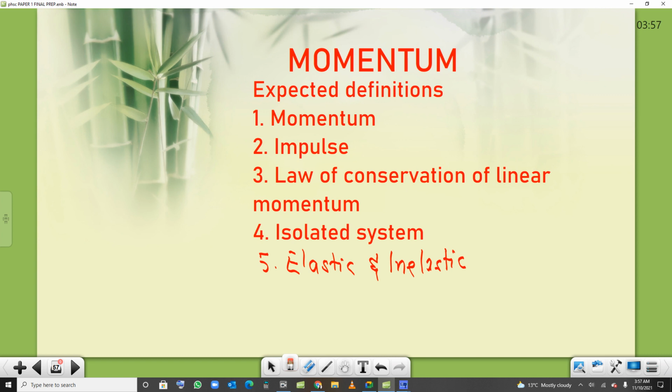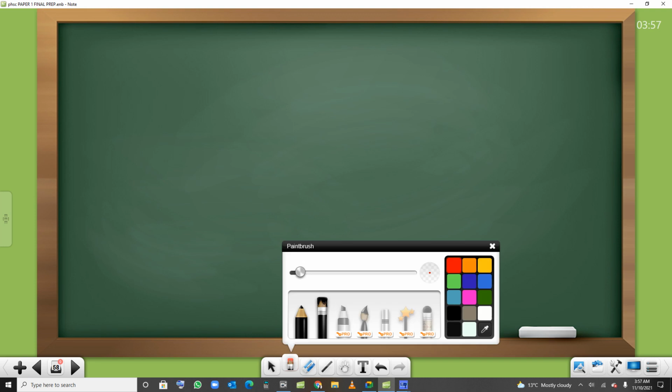Many of us normally get elastic collision and inelastic wrong. We just say a collision where kinetic energy is not conserved is 0. That's complete 0.